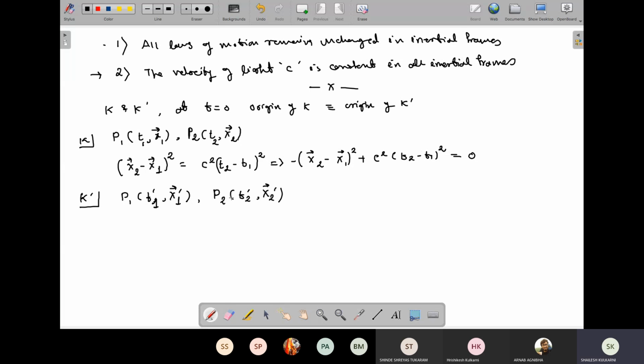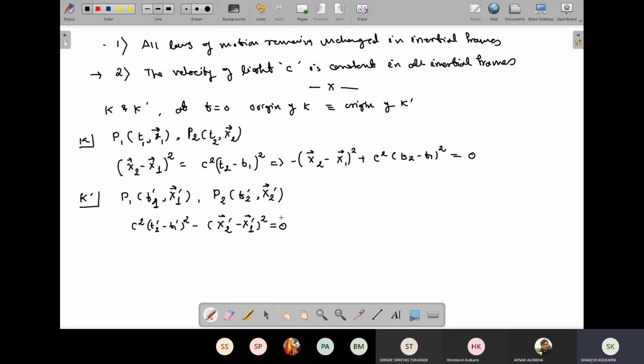Because the velocity of light c is the same in this frame also, we will have a similar equation with unprimed variables replaced by primed, but c remains the same. So c square t2 prime minus t1 prime whole square minus x2 prime minus x1 prime whole square is equal to 0.